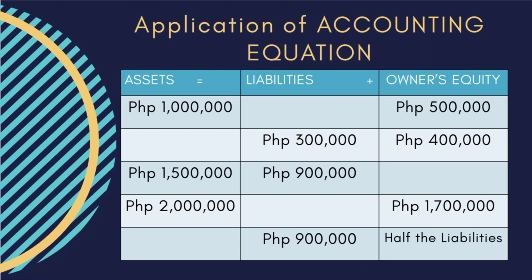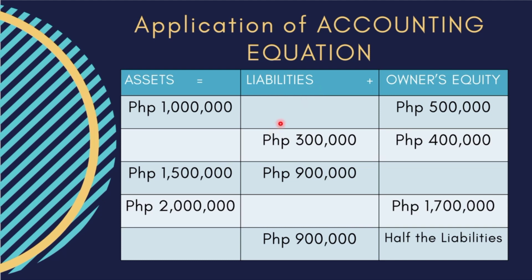Application of accounting equation. As you can see, we have a table for assets, liabilities, and owner's equity. And some of the items are missing. There are missing assets, missing liabilities, and missing owner's equity. So how can we solve each one? We will use the accounting equation formulas.